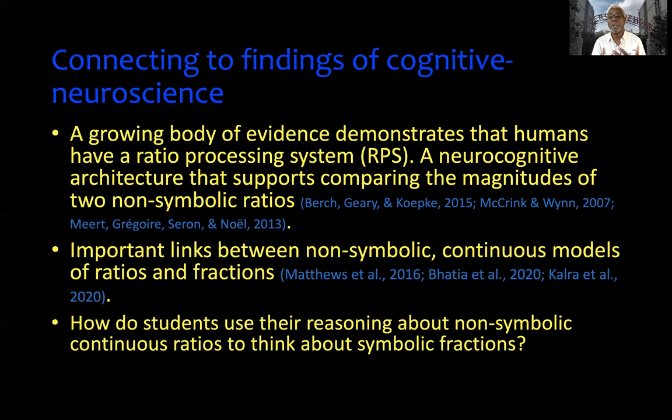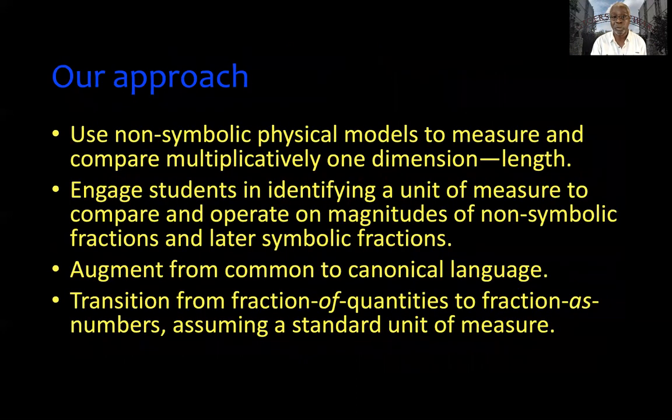And there's an important link that can be made between the non-symbolic continuous models of ratios and fractions and the symbolic version of fractions. So our question in some research that we've engaged with is, how can we help students use their reasoning about non-symbolic continuous ratios to think about symbolic fractions?